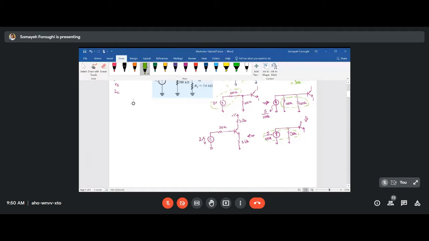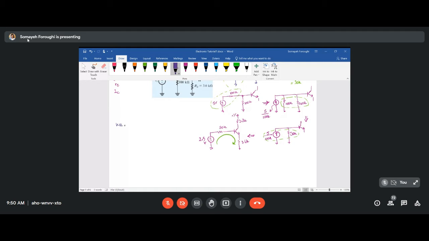Simply, if you just do KVL in this loop, you can simplify I beta and then relate I beta to I collector and the rest. So let me write down the KVL in this loop.